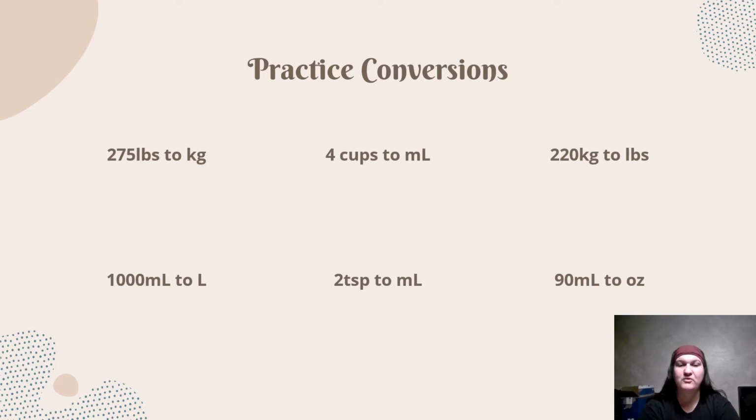Okay, moving on. 2 teaspoons to mL. So we have to figure out how many mLs are in a teaspoon. So we've got 2 teaspoons times, how many mLs are in a teaspoon, guys? Do you remember?